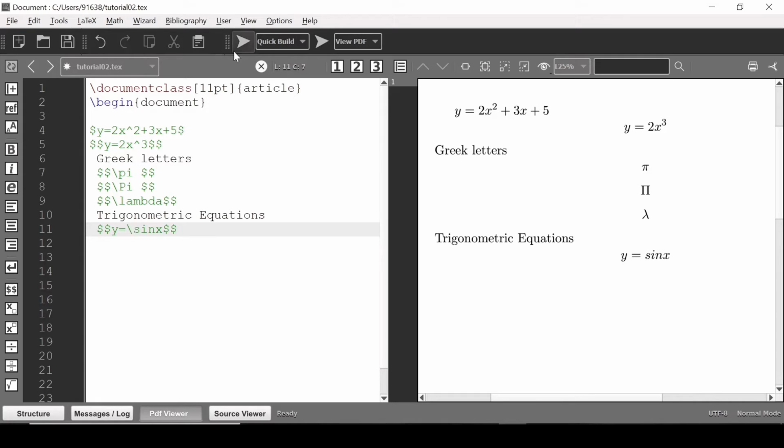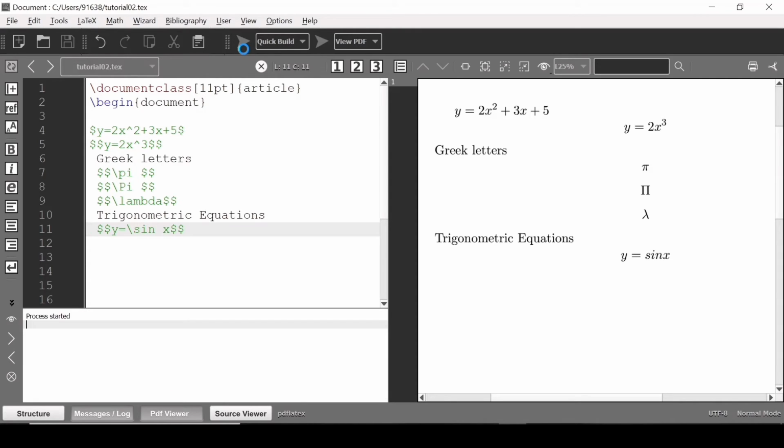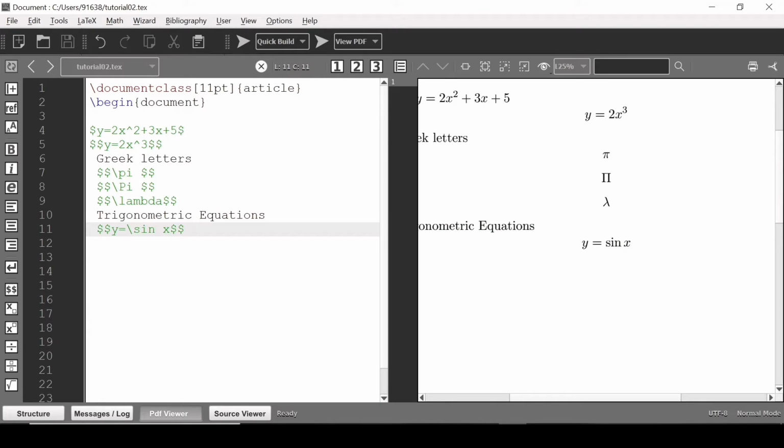So for putting the gap, you will write a backslash before sine, and you will see the result. Oh, there is a mistake: undefined control sequence \sine x. Let's put a gap between this, and let's see the result. It's good now.